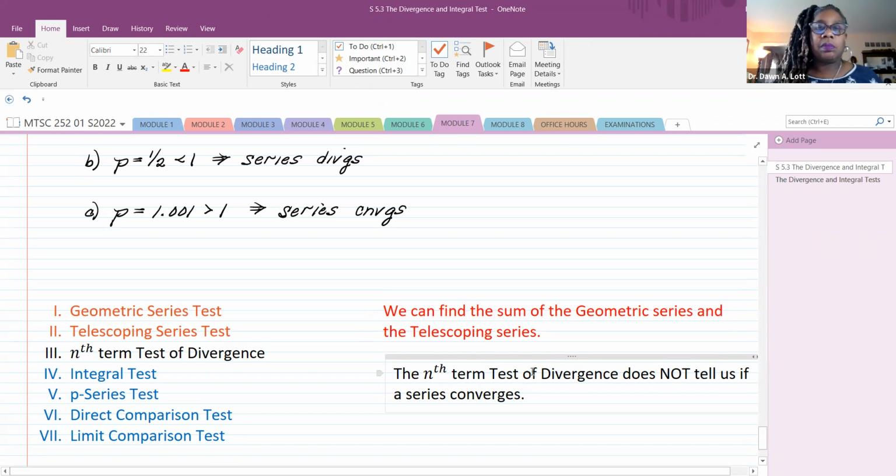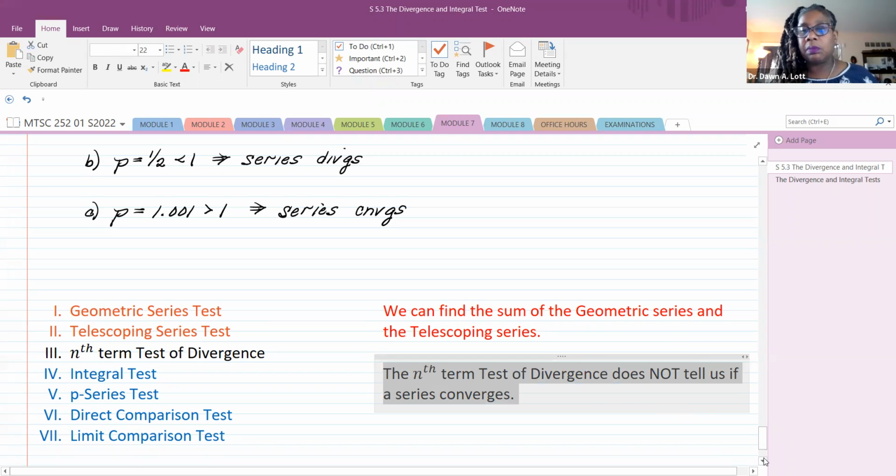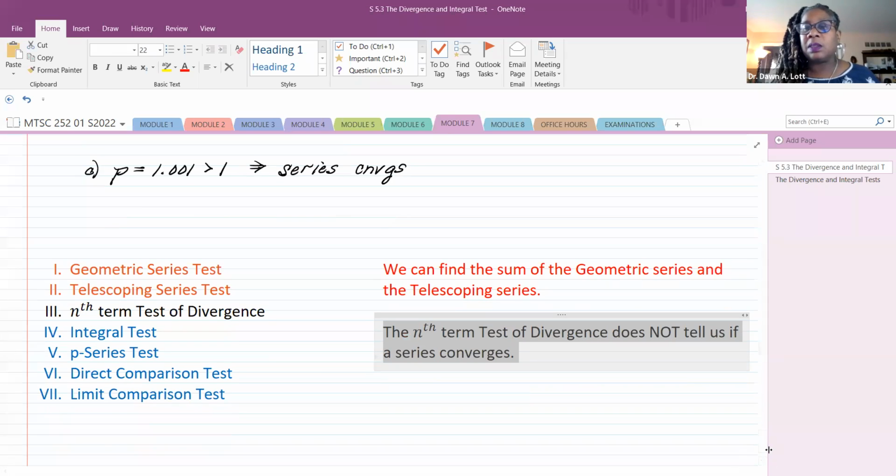That's why it's in black. Trying to give y'all little notes along the way. It only tells us if a series diverges.